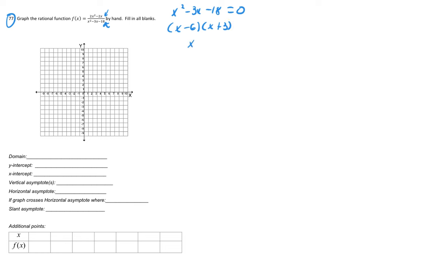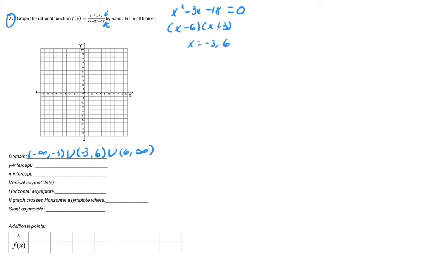So at x equals -3 and positive 6, it is outside the domain. So the domain will be negative infinity to negative 3, union negative 3 to 6, union 6 on to positive infinity.